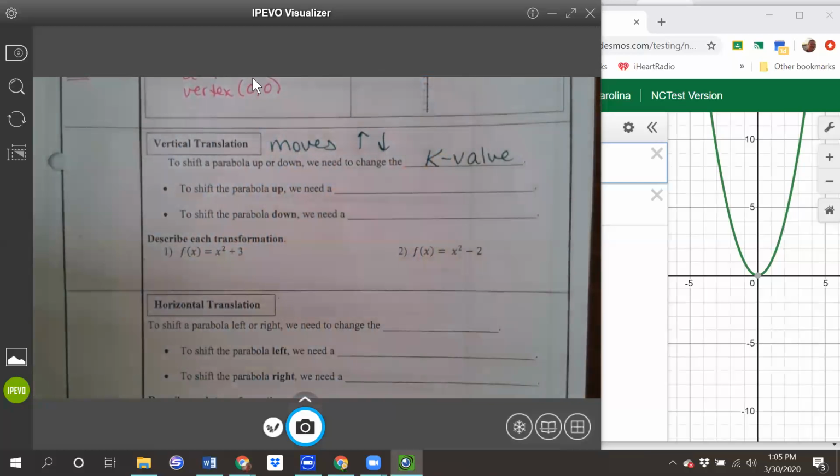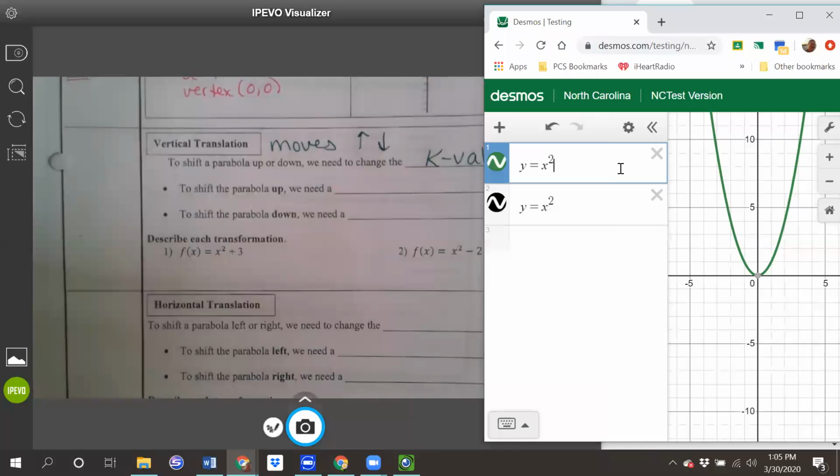Watch what happens if I make it x squared plus 1. What just happened to the graph? It moved up 1 unit. If I make that a plus 4, then my parent has moved up 4 units.